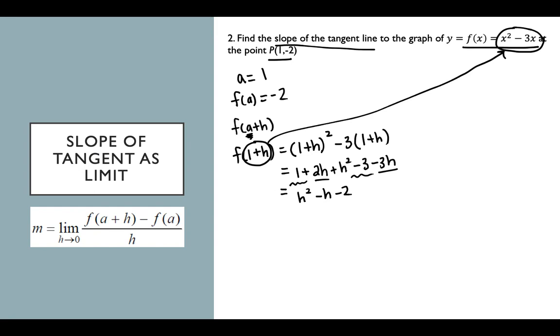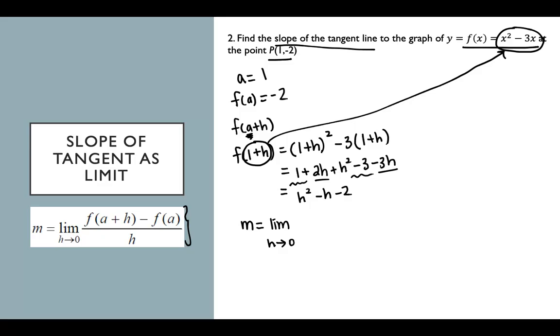Okay. Now that we have found everything, let's write the equation. So slope is equal to limit h approaches 0. So we want the difference to be very, very minimal, like approaching 0. So let me write the equation first.